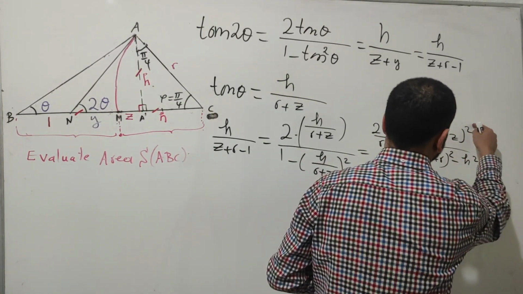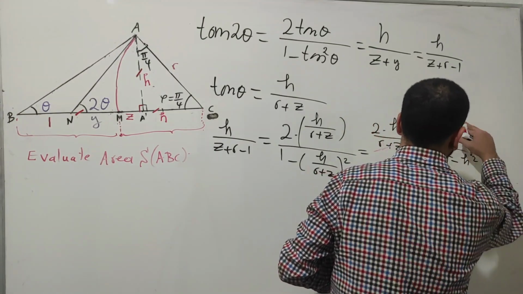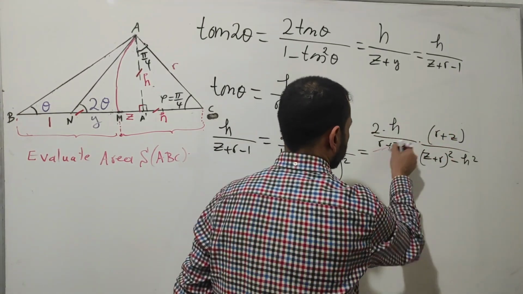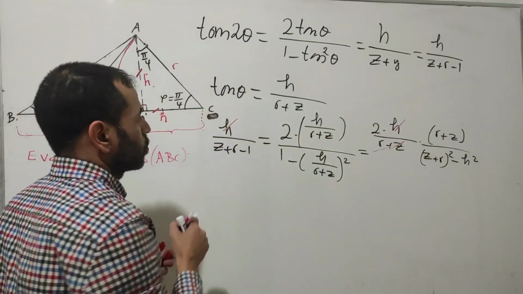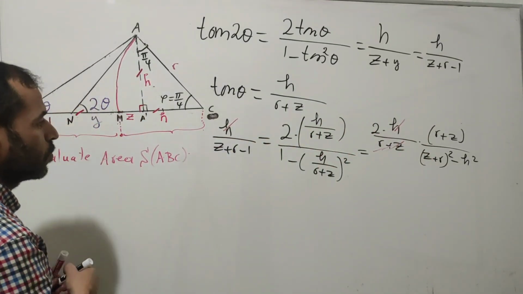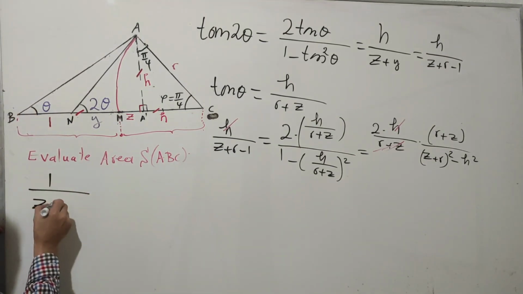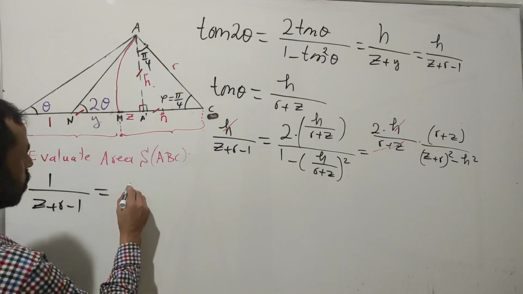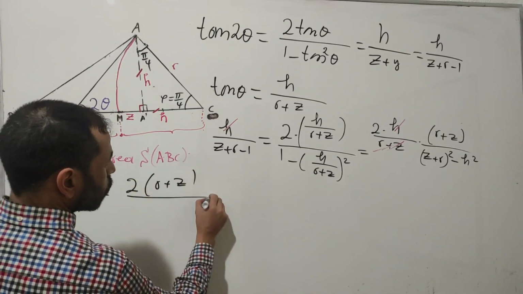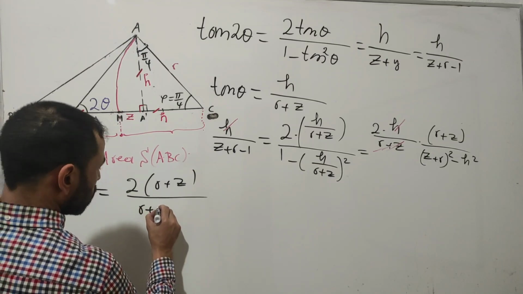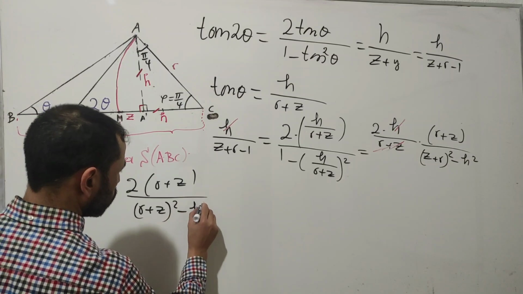This R plus Z squared is going to cancel down to R plus Z, and also this h is going to be cancelled out from the left and the right. I will be left with the formula: 1 over Z plus R minus 1 equals 2 times R plus Z all over R plus Z quantity squared minus h squared.